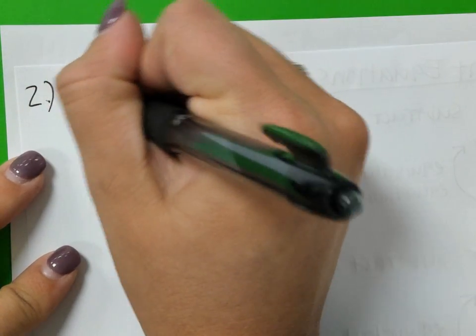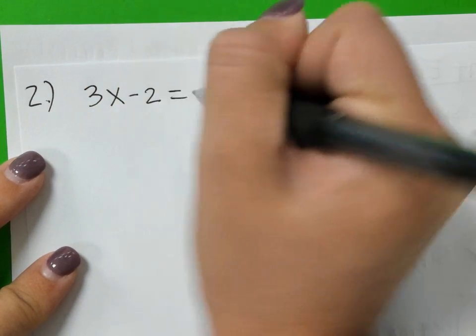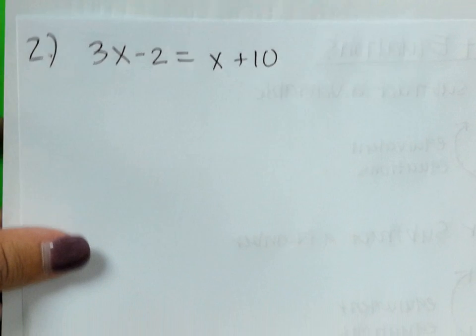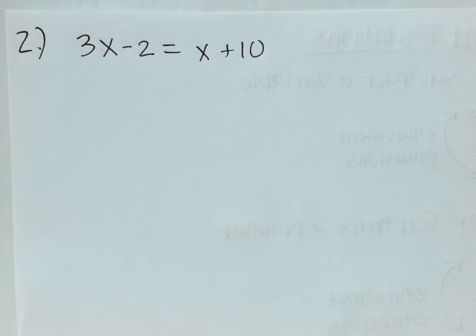Alright, I've got 3x minus 2 equals x plus 10. Alright, so I want to get all my x's on one side and all my constants on one side.